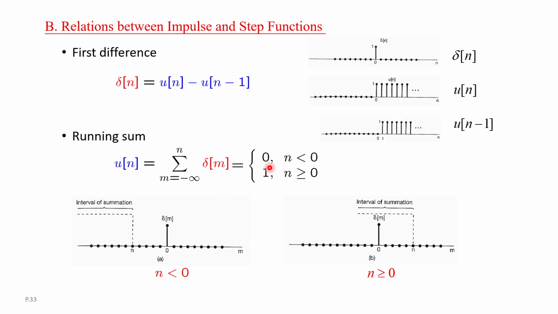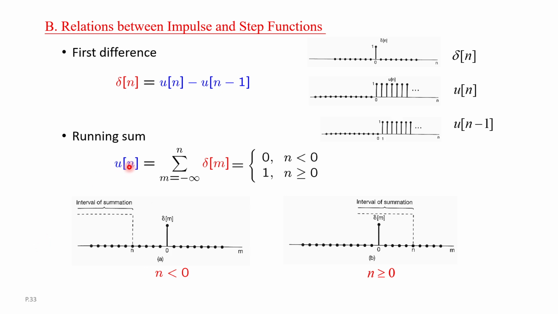Now this is a bit confusing, so remember this is like an integration. It's delta of m, where m is what you sum over, and you sum up to n.